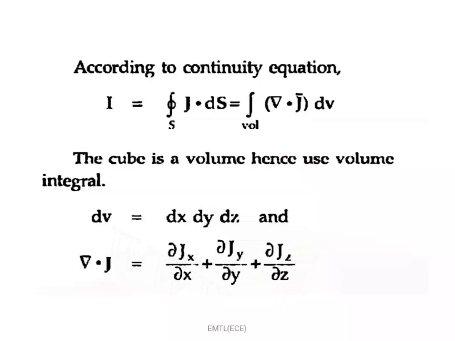Here dV is the volume element of the cube, which for a Cartesian coordinate system is dx dy dz, and the expression for del dot J is dou Jx by dou x plus dou Jy by dou y plus dou Jz by dou z.